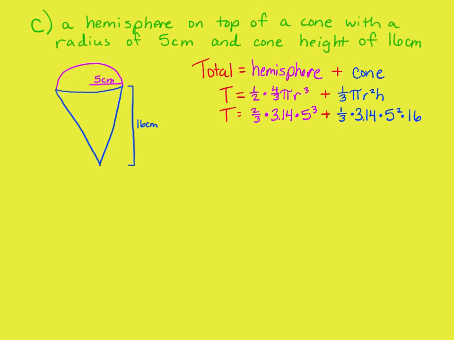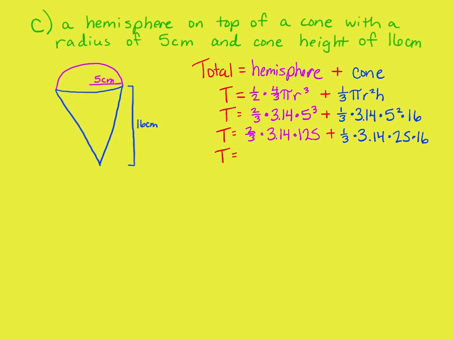And now we can go through and simplify the exponents. So for the hemisphere, 2/3 times 3.14 times 125. And for the cone, 1/3 times 3.14 times 25 times 16. And all we're doing is simplifying these.